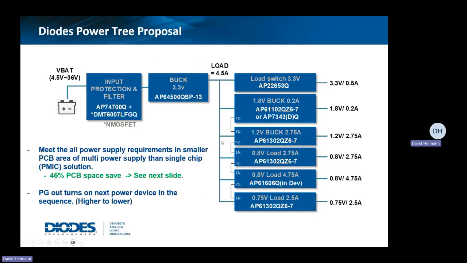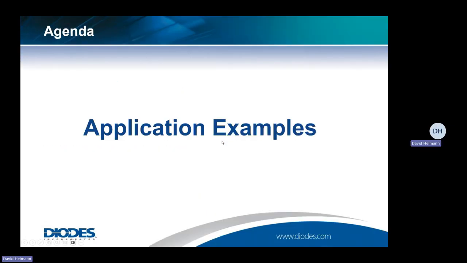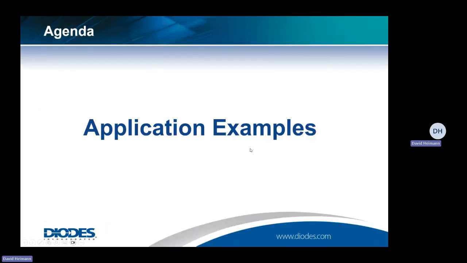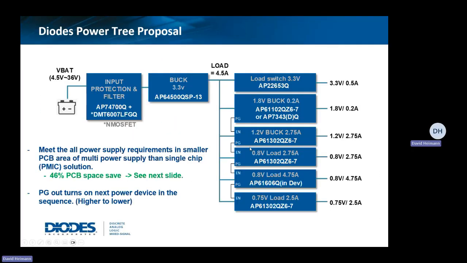The other thing we found out, using this modularity idea, is that we put together a proposed layout, again using our reference layouts, and created a routable power tree PC board footprint.